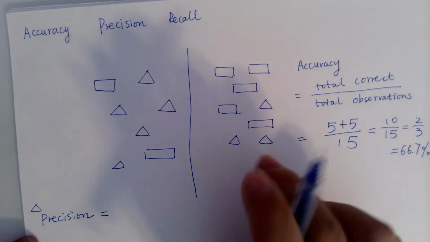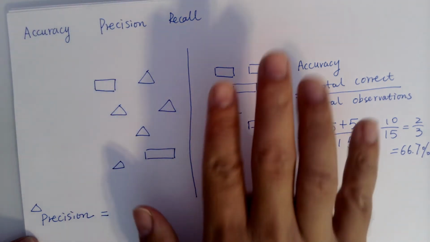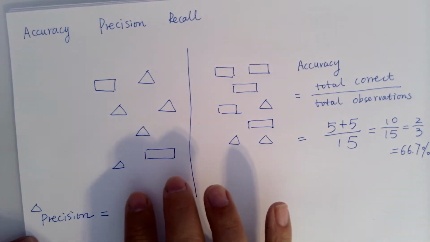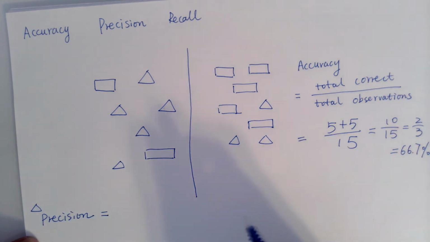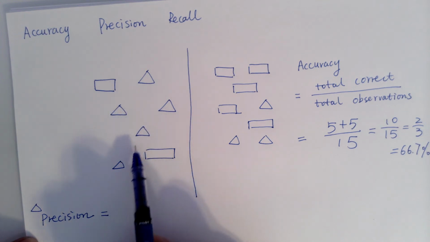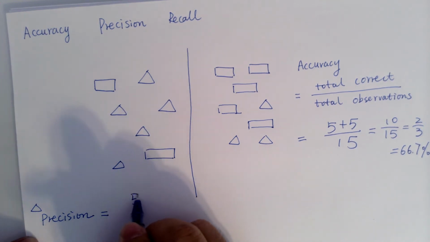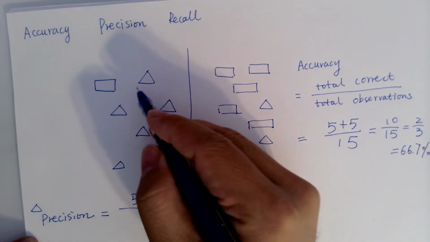That means on this left-hand side, everything is classified as triangle, and 5 are predicted correctly out of 7.